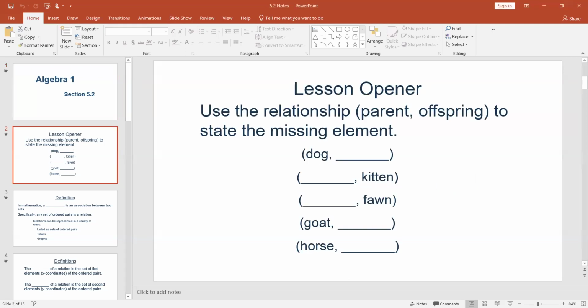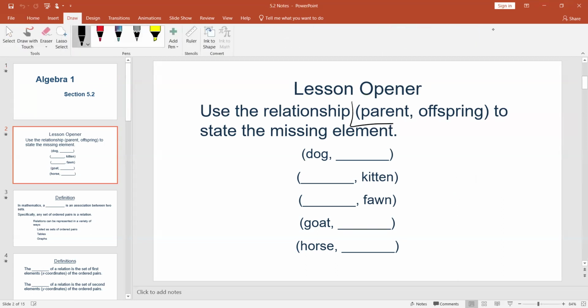So the lesson opener is just getting your brain to look at how one thing affects the other. So using the relationship parent and offspring, you can see we have our ordered pair notation here. Parent is your X, offspring is your Y, to state your missing element. So if the parent is a dog, then the offspring would be a puppy.